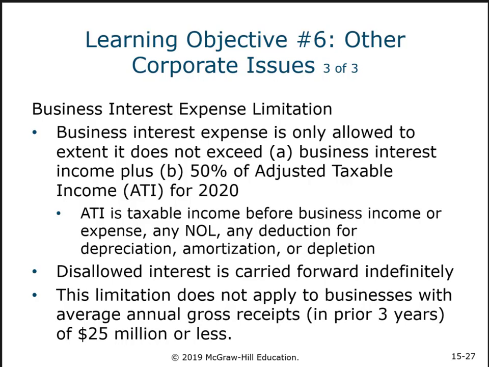So this is to go after big corporations that borrow lots and lots of money and have lots of interest expense, and therefore wipe out a whole bunch of their taxable income and pay less tax. That's not going to work if you're a big corporation. You're going to have a limit on how much interest you can deduct. You carry it forward. You can pay all you want, but you can't deduct it until maybe the next year.